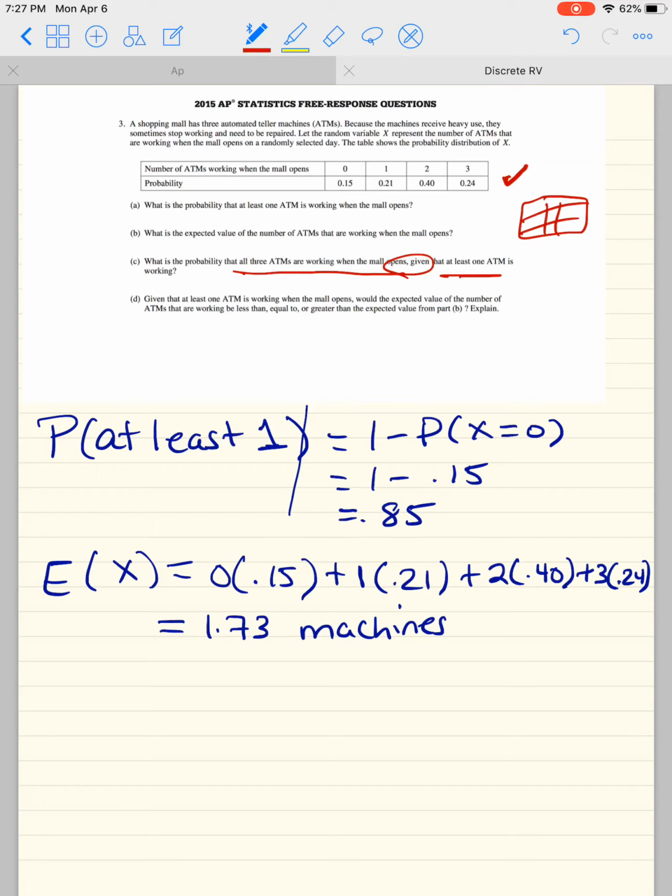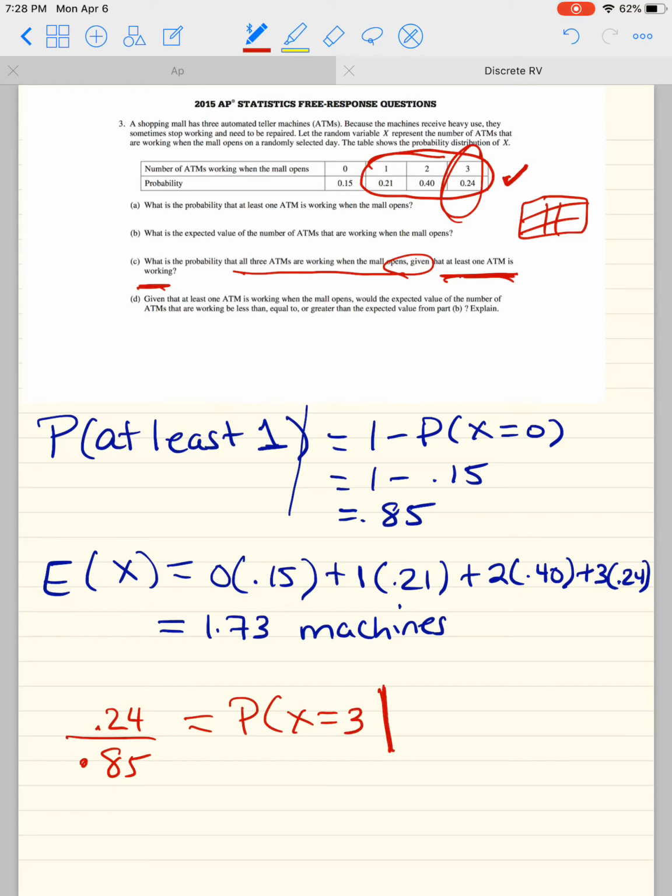If you just thought about it in plain English, given means out of. So at least one of the ATMs is working. Well, we found that in part A, so that's going to be 0.85. Given that at least one ATM is working, what's the probability that all 3 of them are working? So that's 0.24. Yes, the notation is still the same: the probability that x equals 3, given that x is greater than or equal to 1.